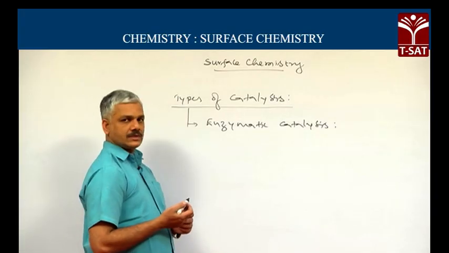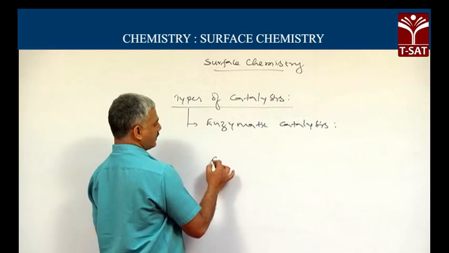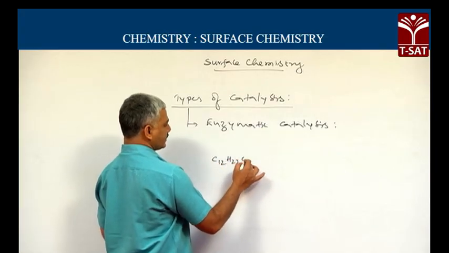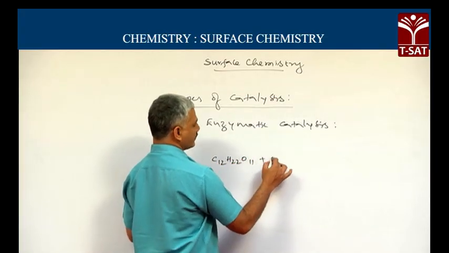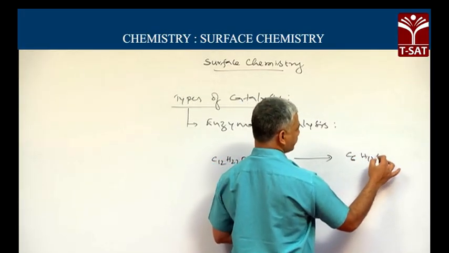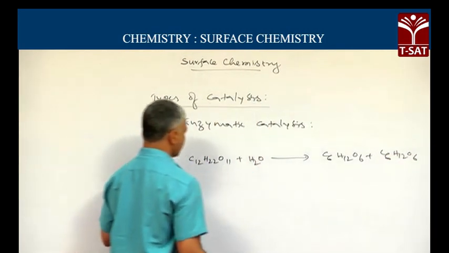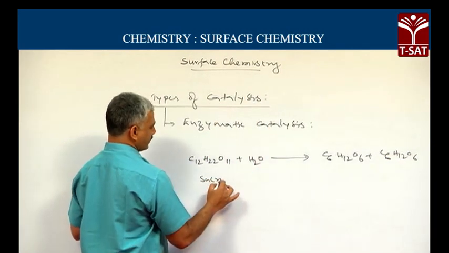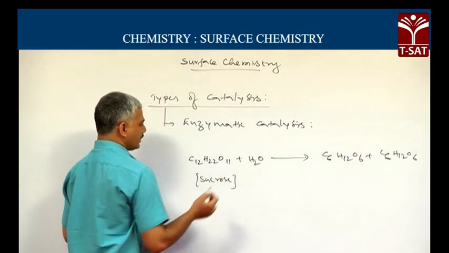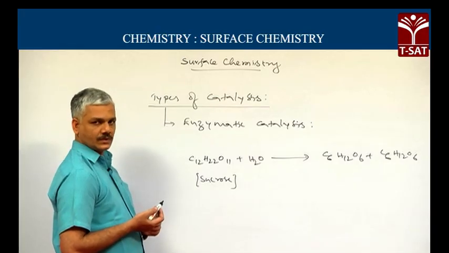Some of the examples for enzymatic catalysis reactions are conversion of sugar to glucose and fructose. Chemically, C12H22O11 is known as sucrose.